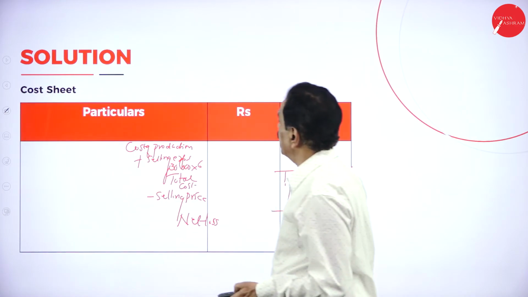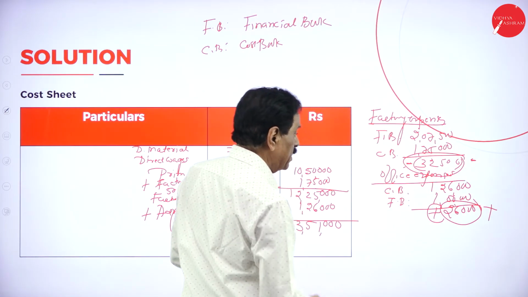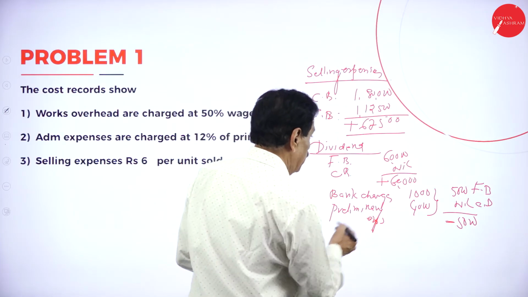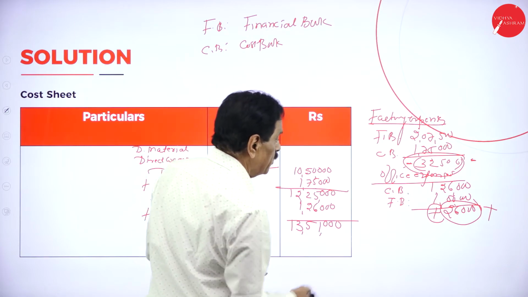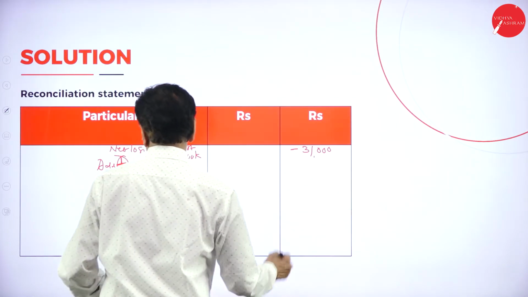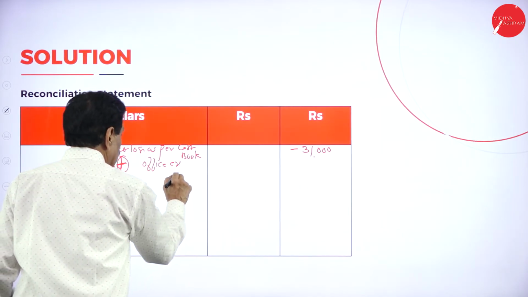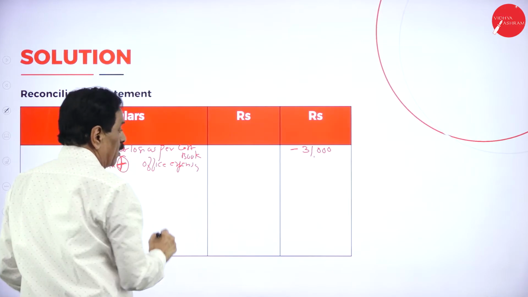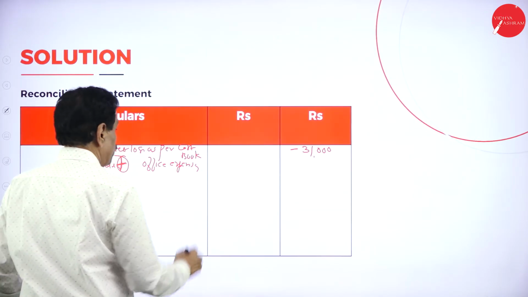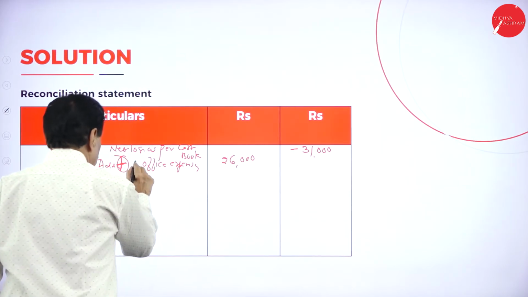Which should be added here? See that? Minus. This is office expenses, selling expenses, dividend. Which should be added now? One is office expenses. What's your office expenses? 26,000. That should be added. This is one.